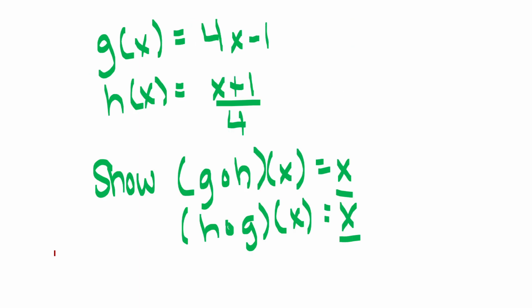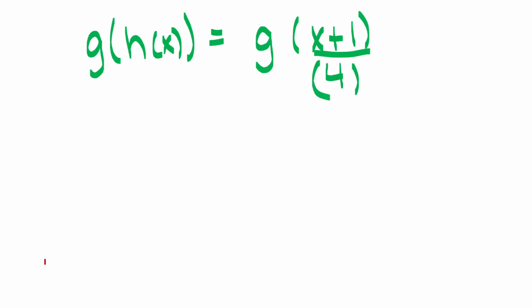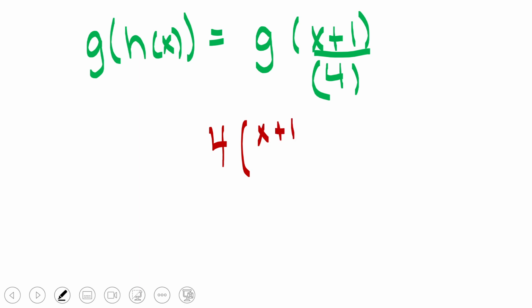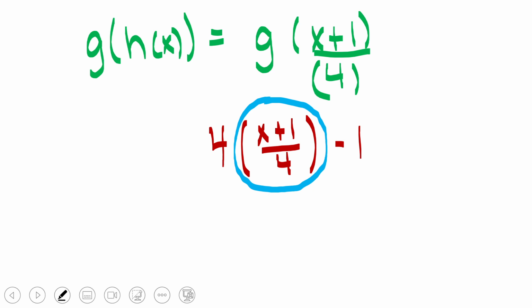The function H is our x in the G of x. So we say 4 times x plus 1 over 4, minus 1. The whole h function is now our x in the g function. That's what's happening here.